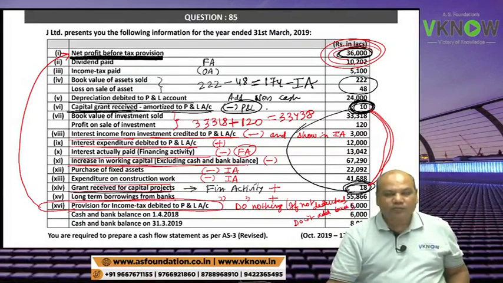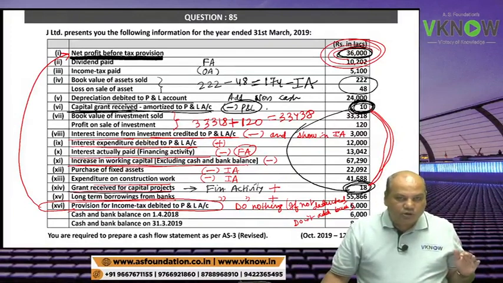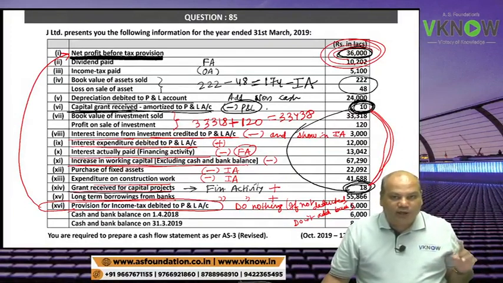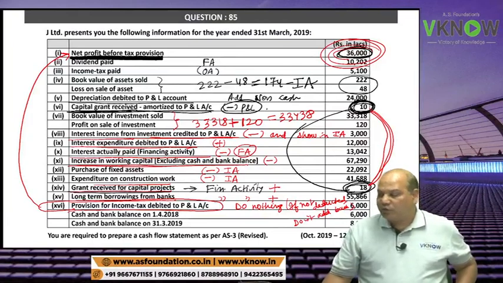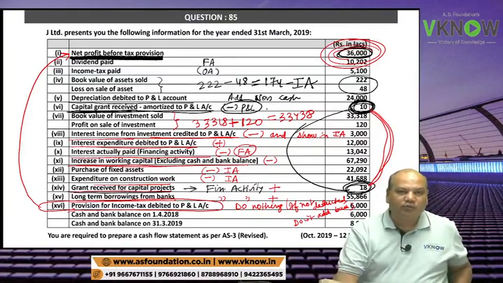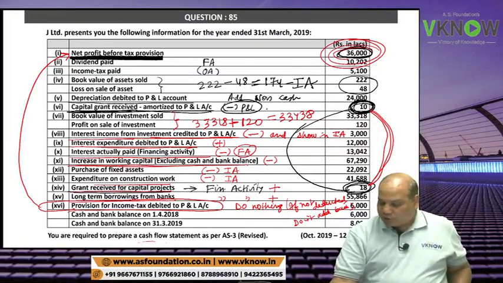When will you add back provision for taxation in the profit? Only when it is given profit after tax. But if it is given profit before tax, no need to add back provision for taxation. What is not deducted will not be added back also. Is it right?